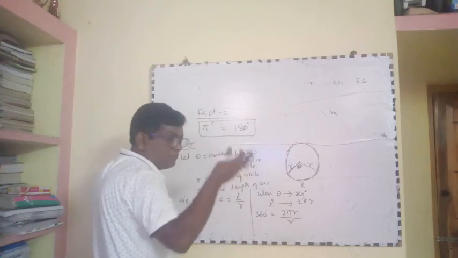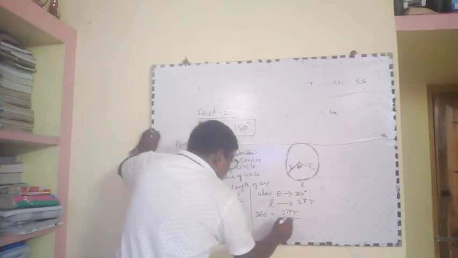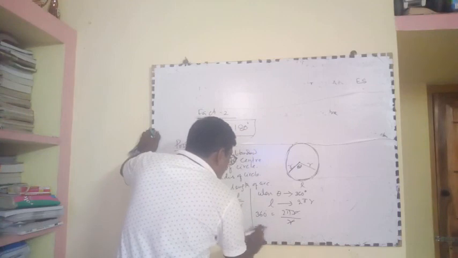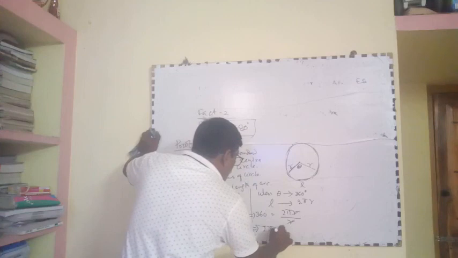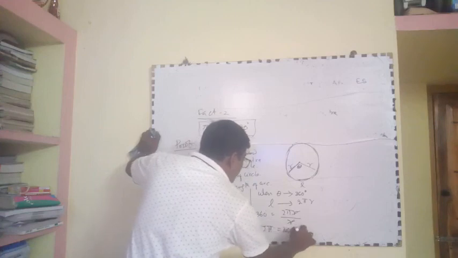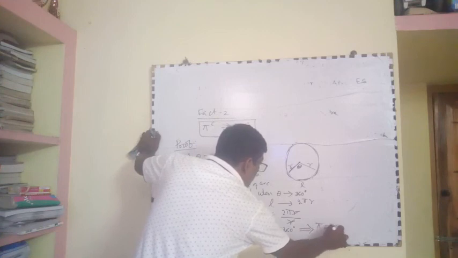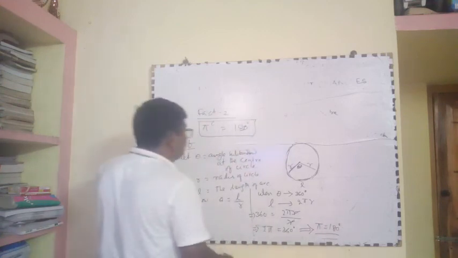Radius cannot be changed because it's a fixed circle. R cancels. That implies 2 pi is equal to 360 degree, implies pi is equal to 180 degree. This is proved. Thank you.